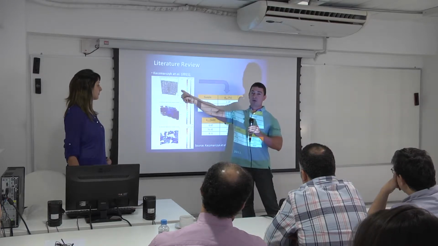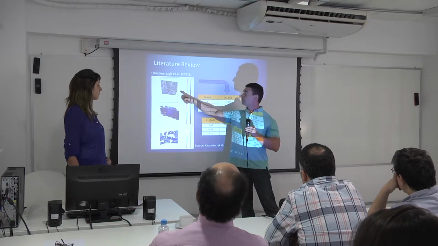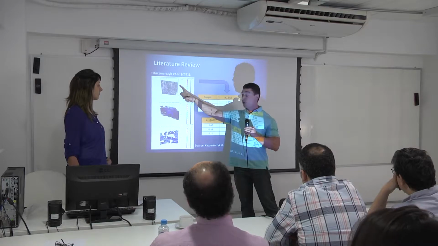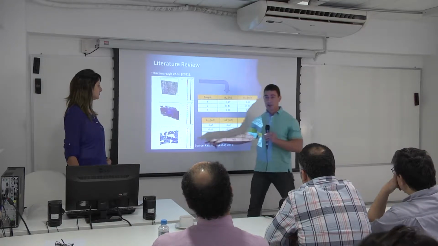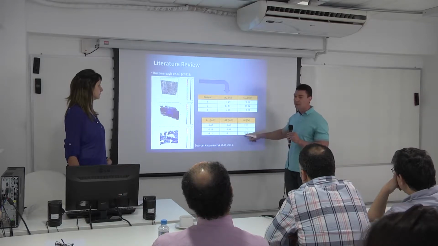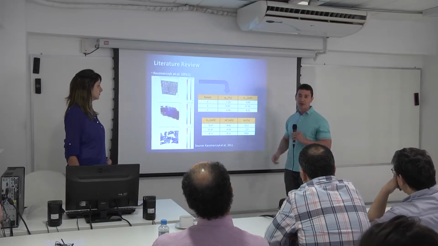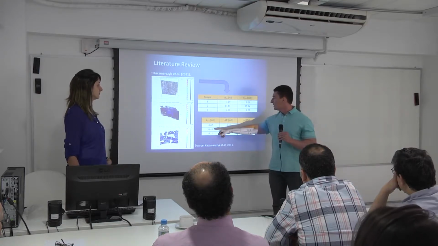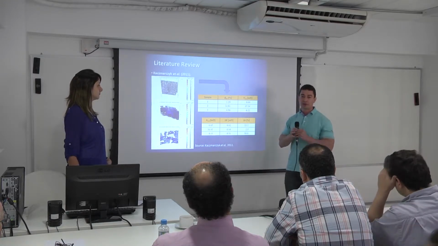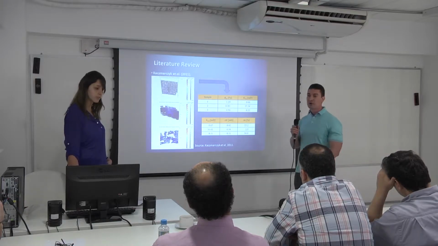In the first one he used a downsampling factor of 5, here 5, here 3, and here 10. As you can see, if you use a downsampling factor of 10, you have a bigger relative error. So we are focusing on using only the middle one, the downsampling factor 3, just to improve our results, we think.